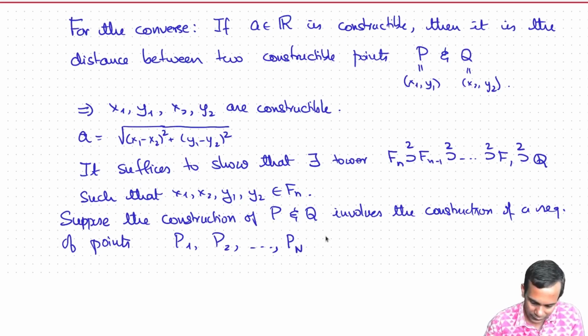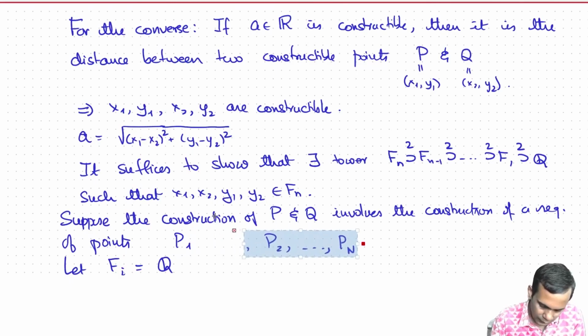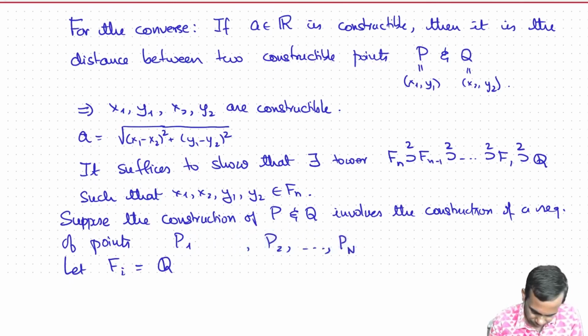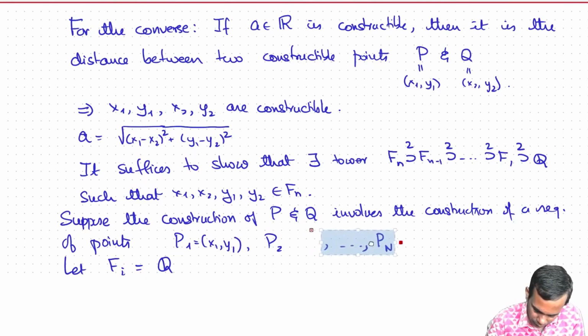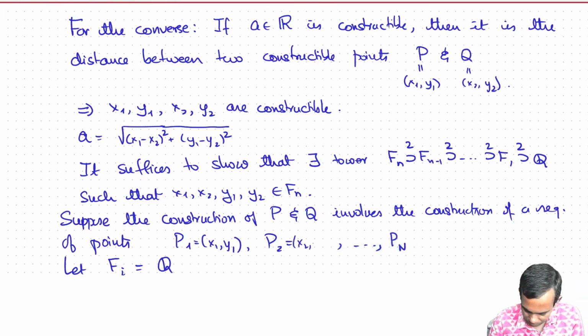Then what we have is, let Fi be the field extension of Q containing, let's say P1 is (x1, y1), P2 is (x2, y2), Pn is (xn, yn).